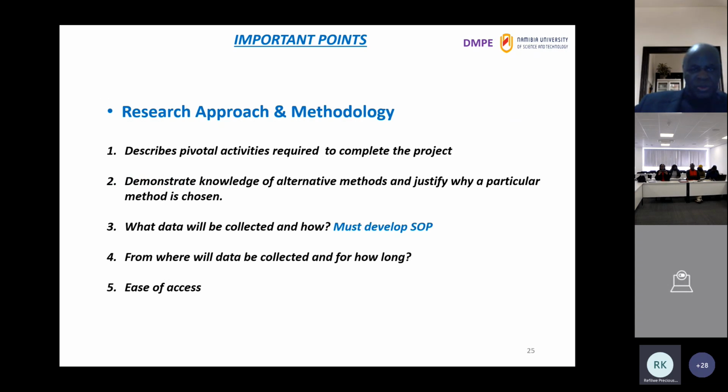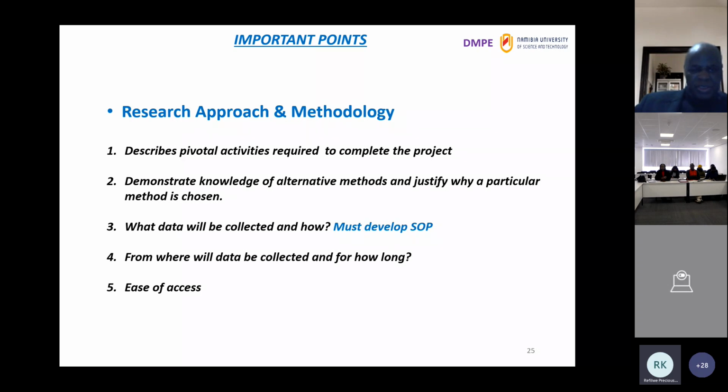Essentially, the research approach and methodology describe pivotal activities required to complete the project. You need to demonstrate knowledge of alternative methods that are available to addressing the problem or the issues in the project, and justify why a particular method is chosen.